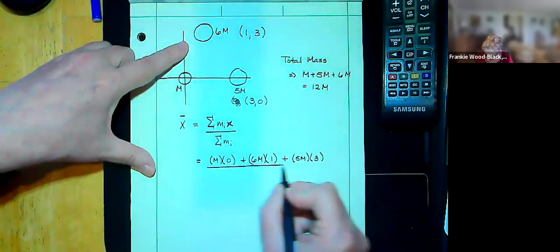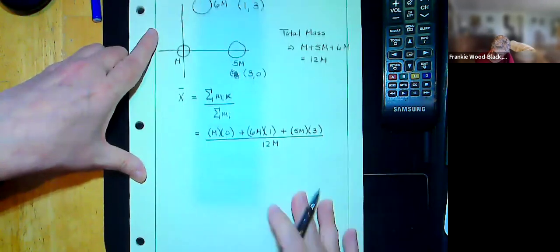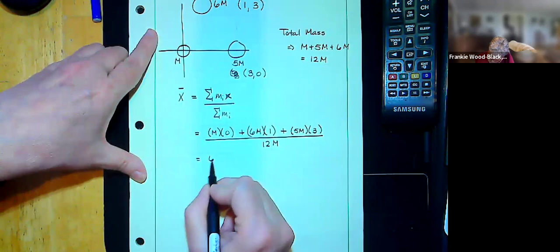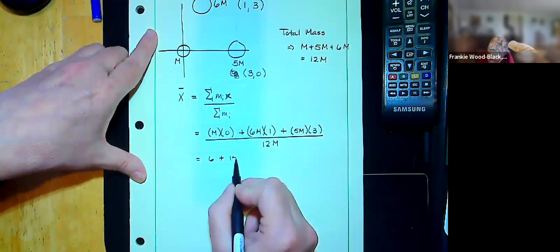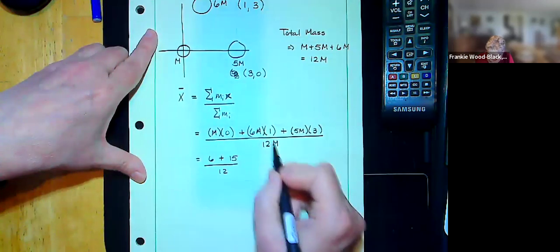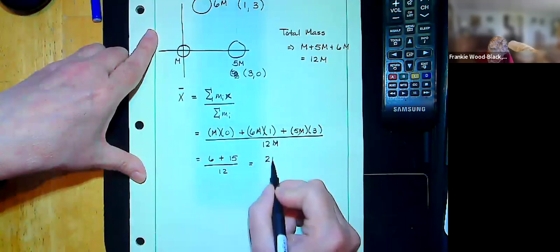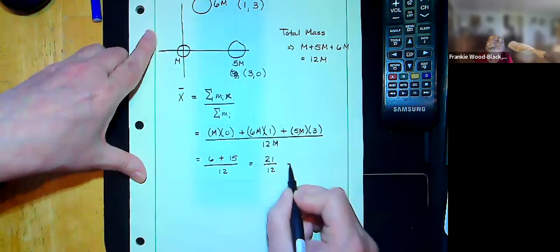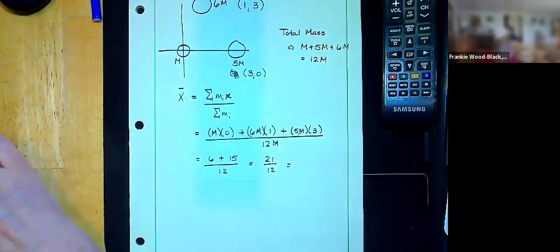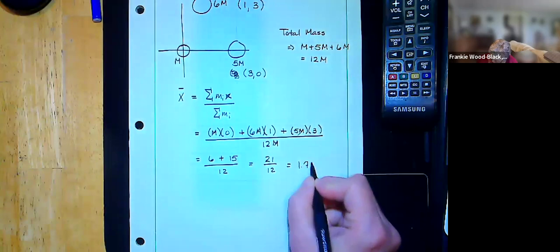And it's all going to be divided by 12m. So this is going to equal 6 plus 15 divided by 12. My m's all cancel out. So I get 21 divided by 12. So my x is going to be at 1.75.